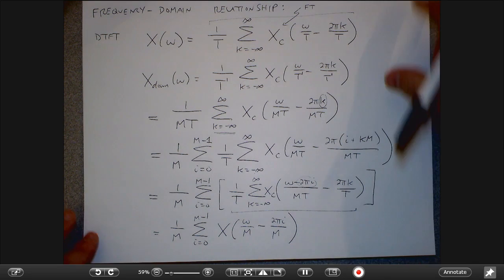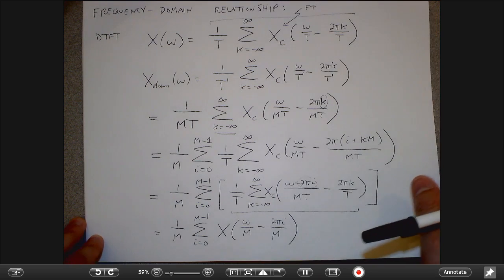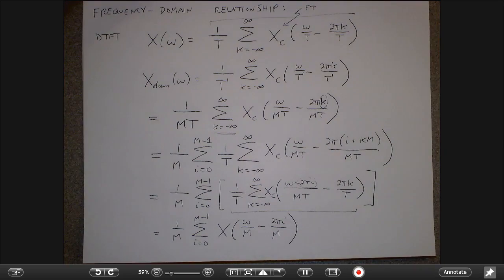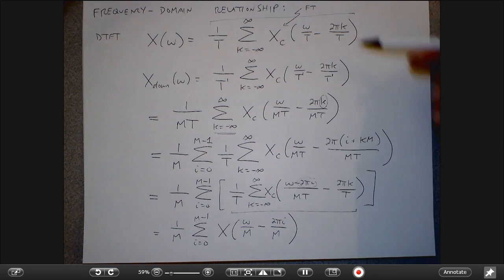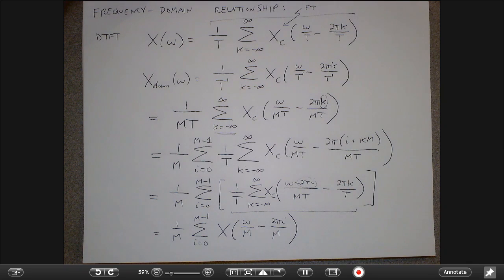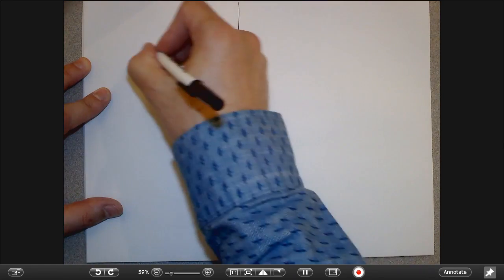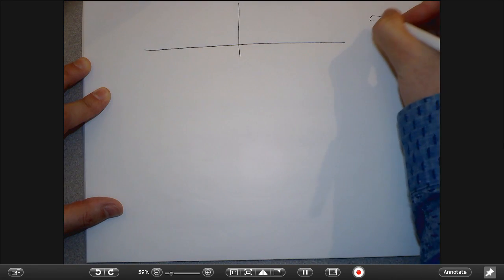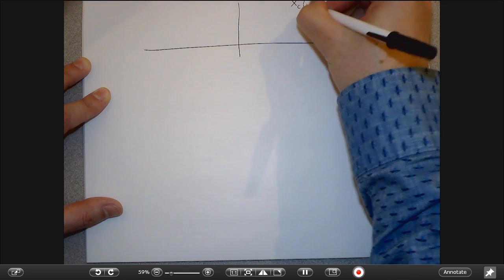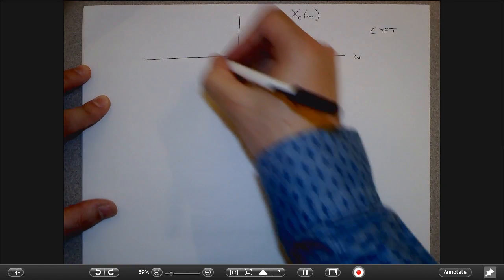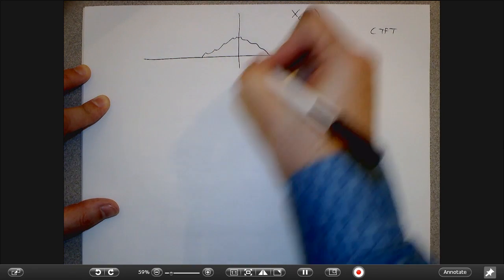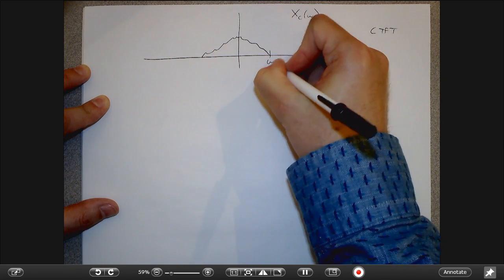So let me just show what I mean. Let's start with some original continuous time signal. We're going to sample it with sampling period T, and then sample it with sampling period MT. Here's my original Fourier transform, my CTFT, with omega. This is my original continuous time signal, and let's suppose it has some band limit omega b.